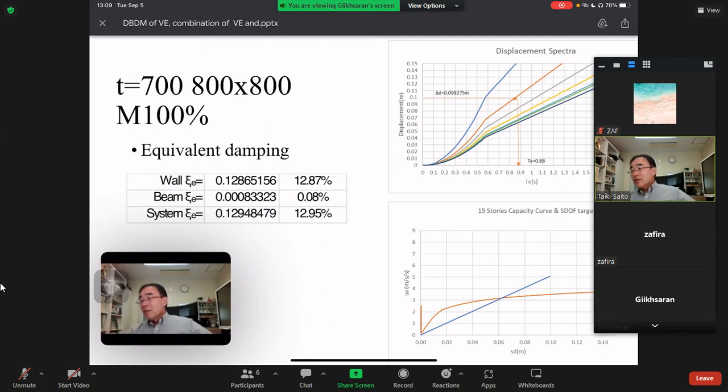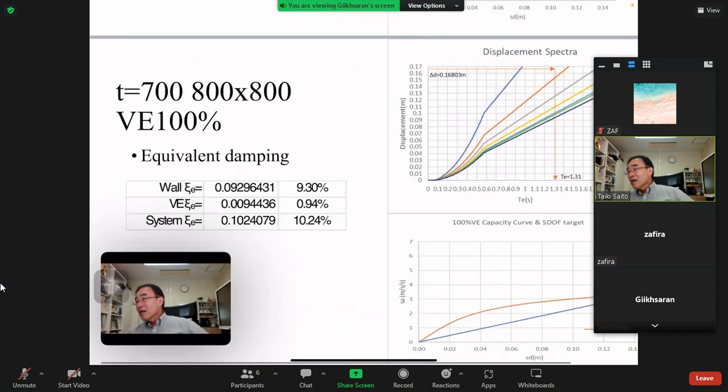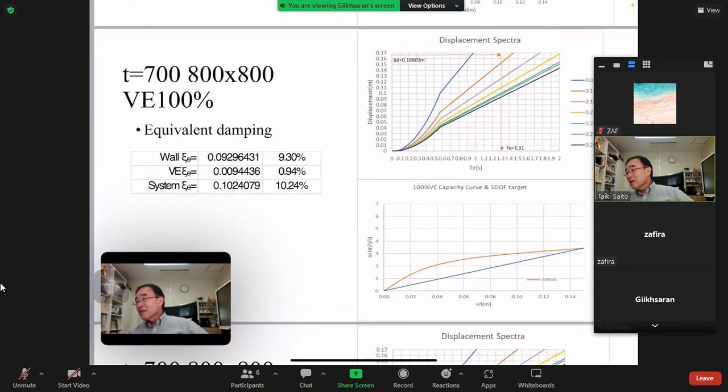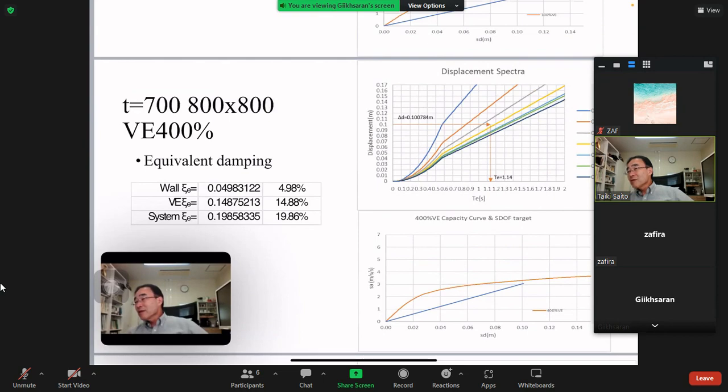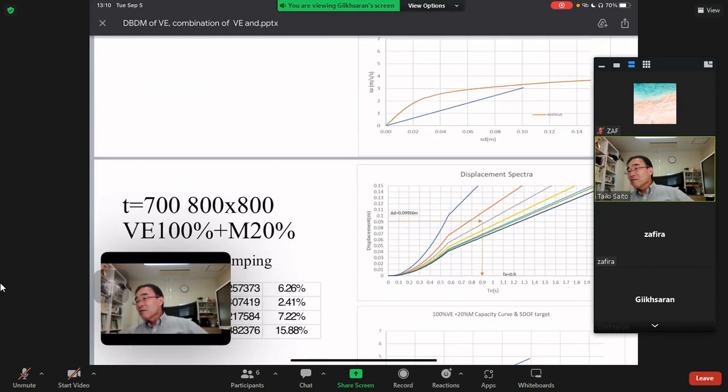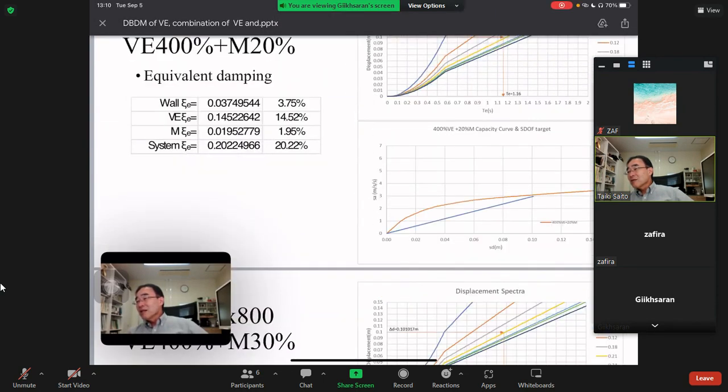The best scenario is that the blue line and the orange line match quite well at the end of the line. So for example, could you go to the next slide? Also, it looks good. So VE 400 looks good.